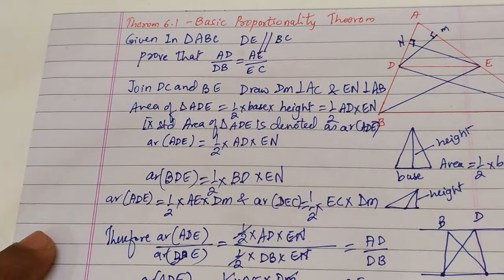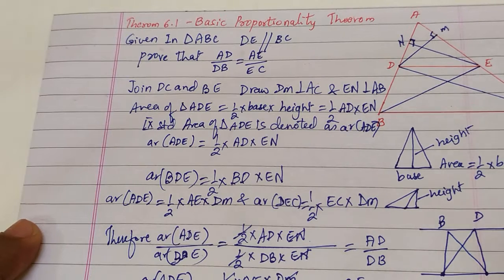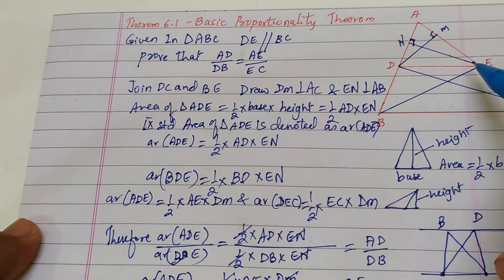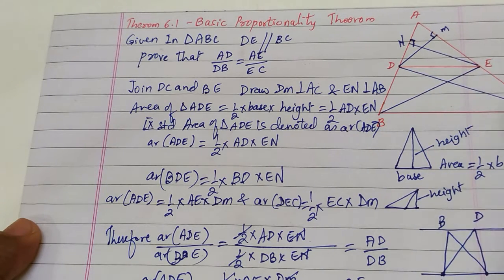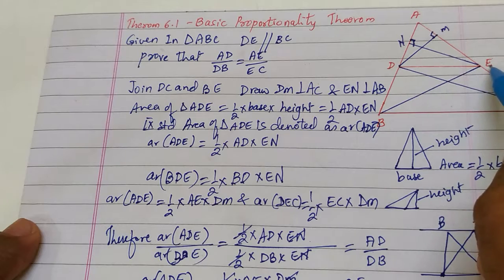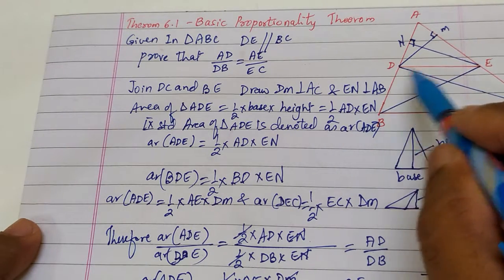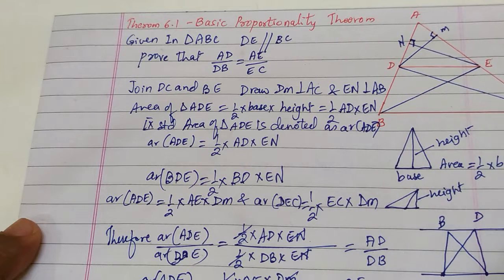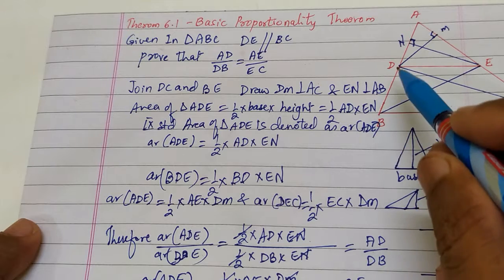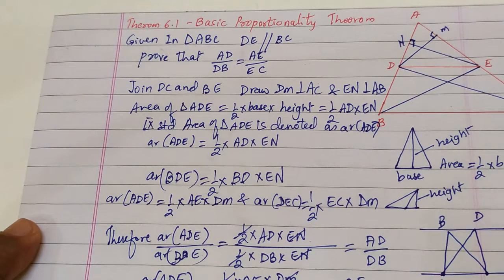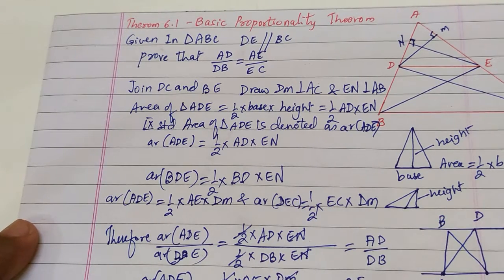Now we can note down that triangles BDE and DEC lie on the same base, that is DE, and they are between the same parallels DE and BC. Therefore the areas of BDE and DEC will be the same. We'll write down this.